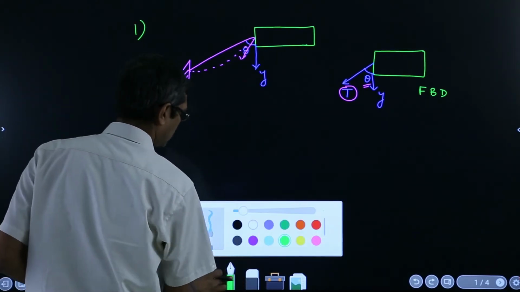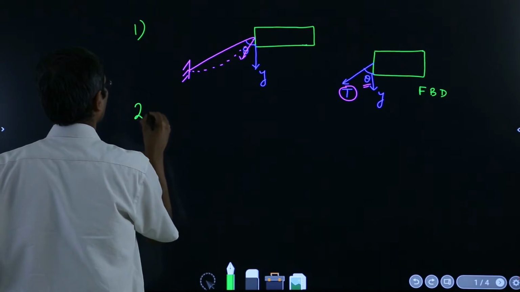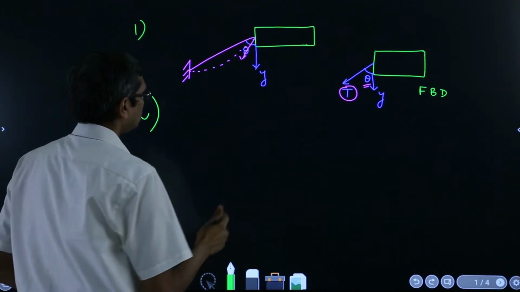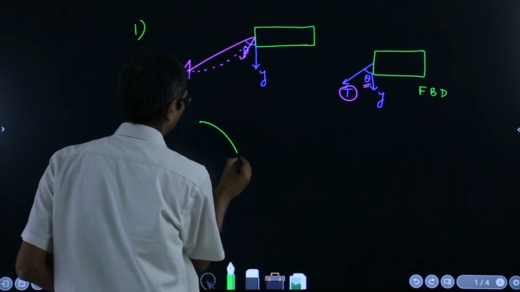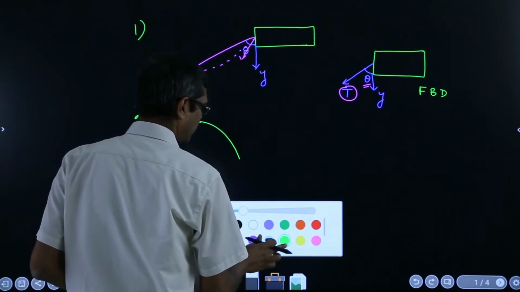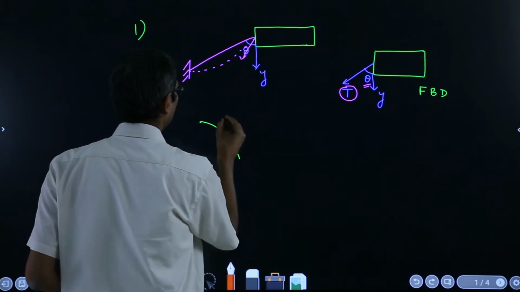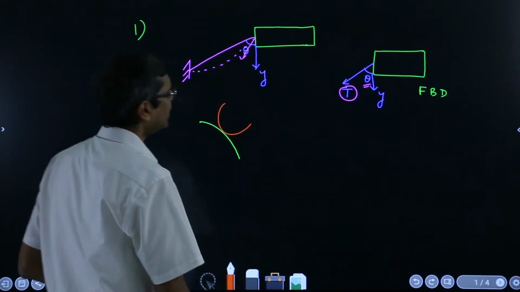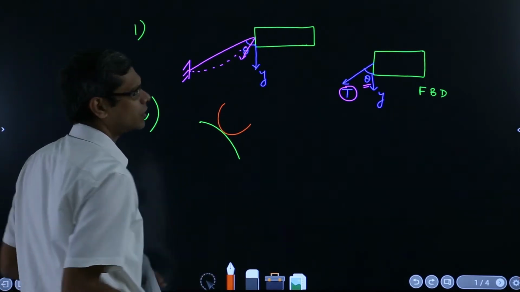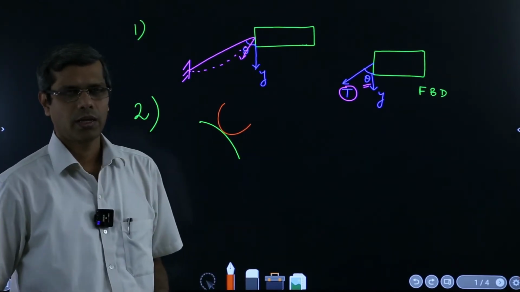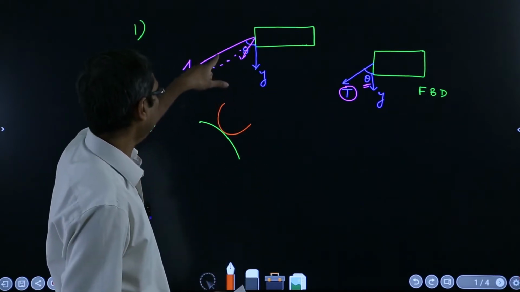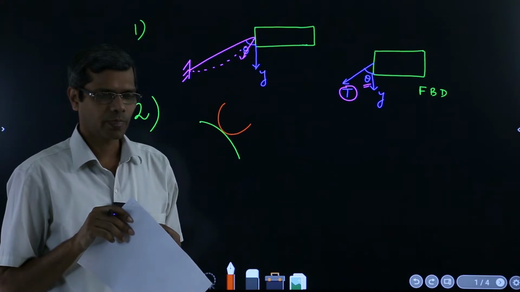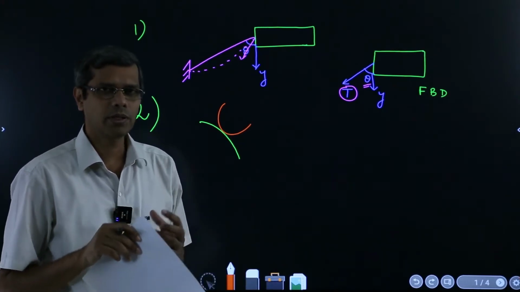Then coming to the second connector, it is two smooth surfaces in contact. Okay. Suppose this is one surface and this is another surface. Now here, as opposed to this, we do not have a physically visible connector.